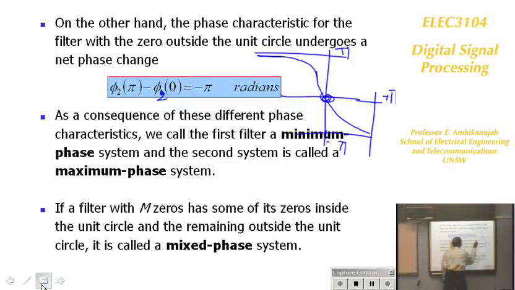Find out the phase at that point, which is 0. Find out the phase at pi, which is minus pi. So minus pi minus 0 is minus pi radians.